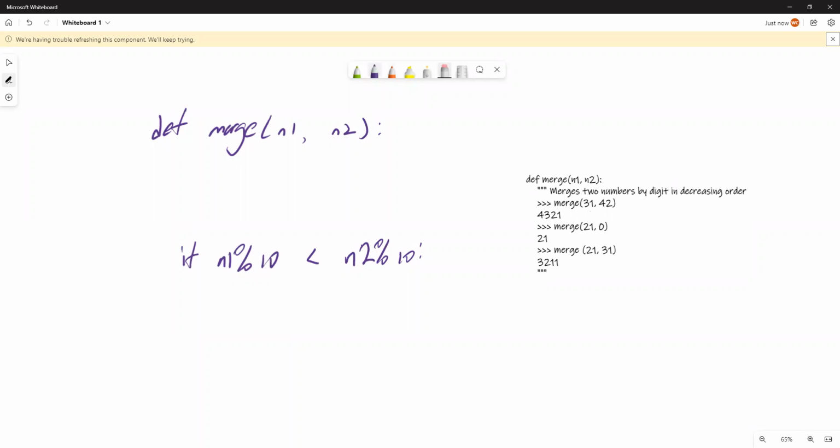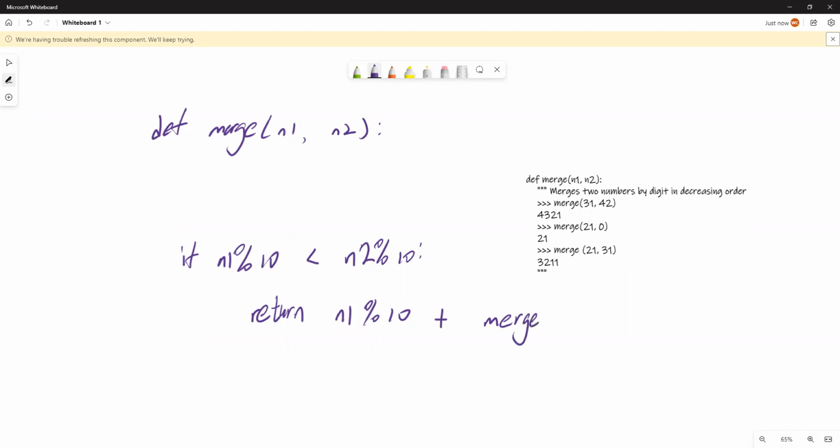That means if the rightmost digit of n1 is the lowest, the smallest value, then return n1 % 10 plus, we have to call the recursion, the function itself.